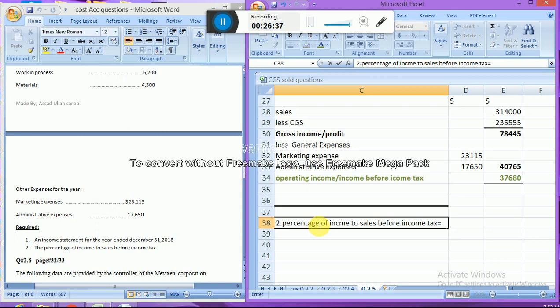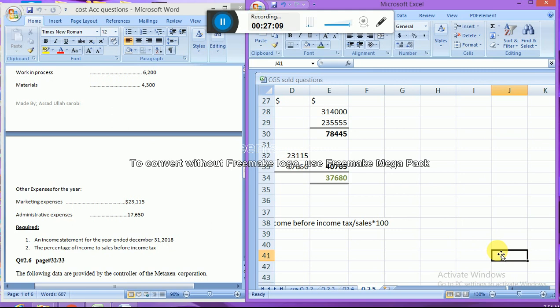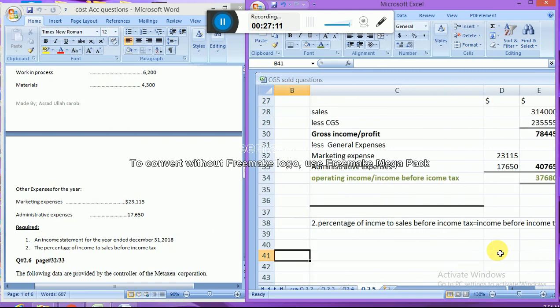The formula is operating income, or income before income tax, divided by sales, multiplied by 100 for percentage. Note this formula. Clear now?